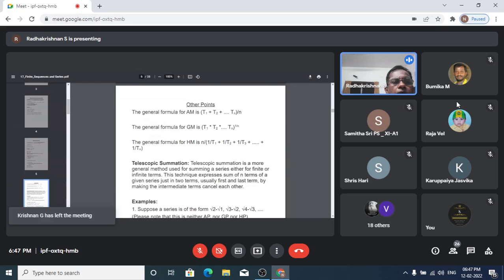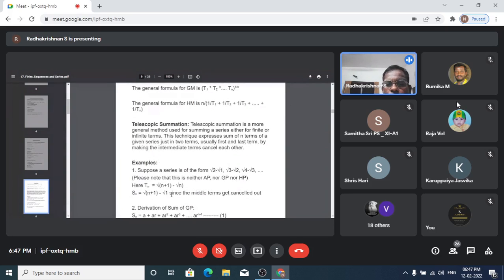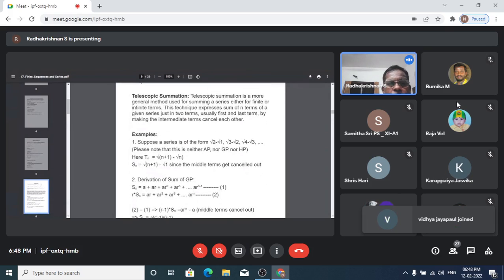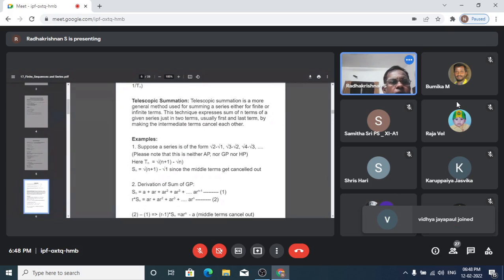After that, in these progressions we use a technique called telescopic summation. So many times you will have to use this to solve problems. For example, suppose there is a series that we can reduce to something of the form root 2 minus root 1, or it could be anything, a difference of two numbers.